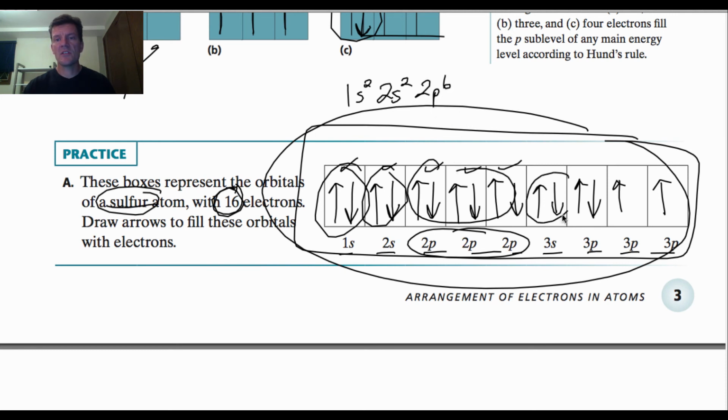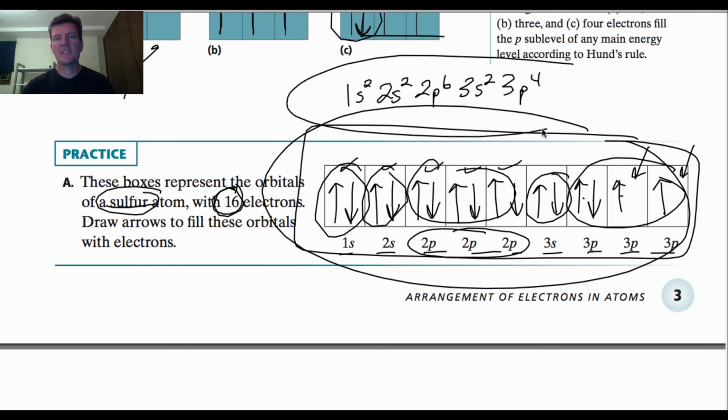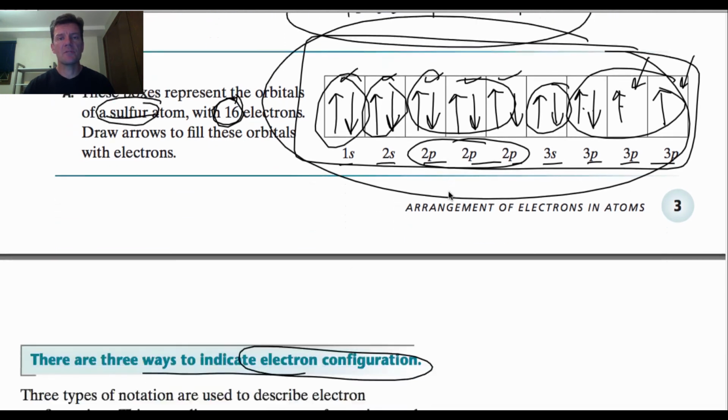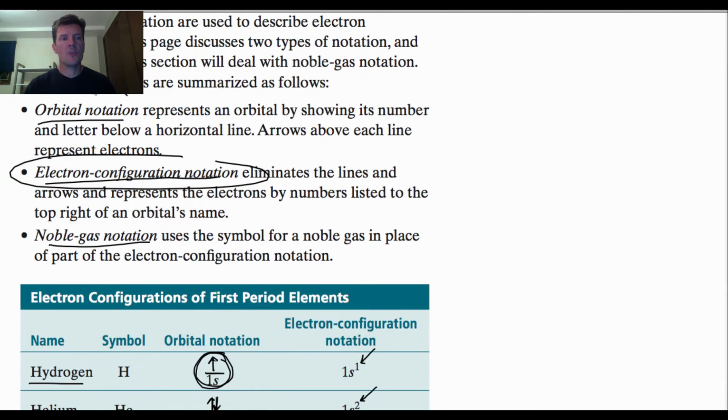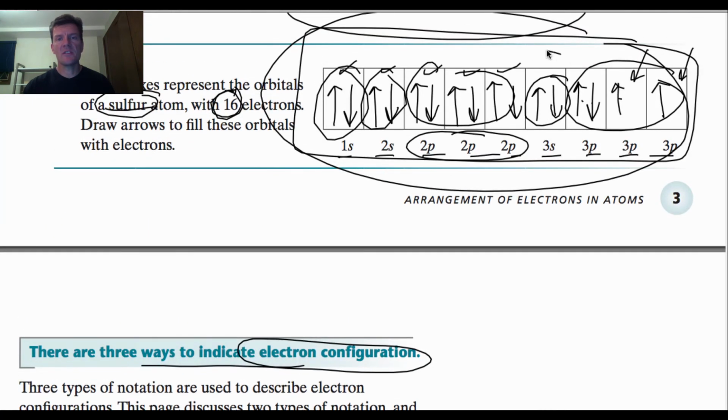This is 3s2. And this is 3p, but there's only 4. Okay, there's 2 more openings there for later for more electrons that might come in another element. But this is 3p, 1, 2, 3, 4. 3p4. And that is the electron configuration for sulfur. Okay? So the orbital notation is this right here. This is the orbital notation.